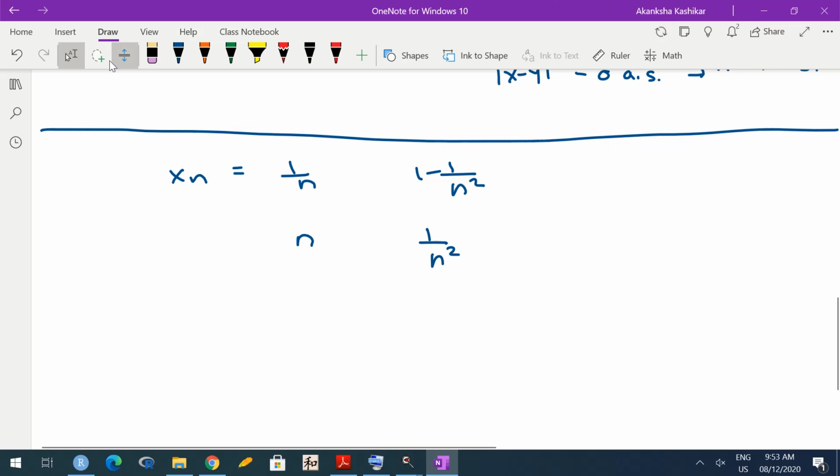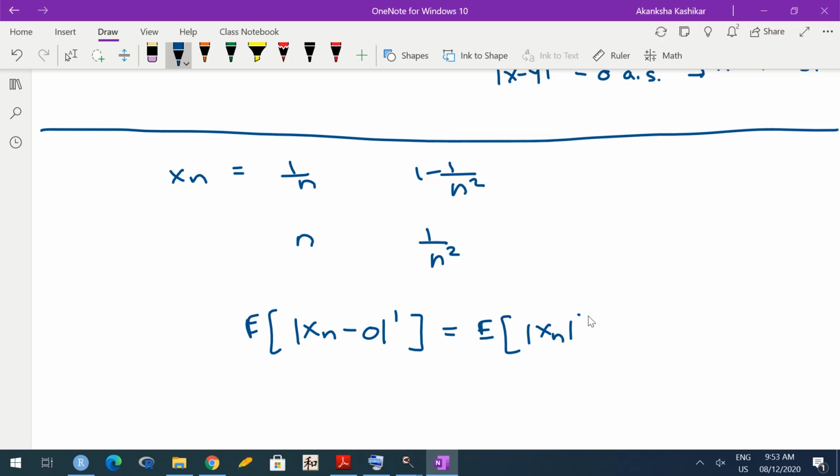See, the probability of Xn taking a high value, that is n, is very low and it is going to 0. On the other hand, the probability of Xn being near 0 is quite high and that probability is going to 1. So we expect that Xn probably goes to 0 in at least, say, first mean. So if I want to check that, I have to check expectation of |Xn - 0|^1. Since Xn takes only positive values, this is the same as expectation of Xn.